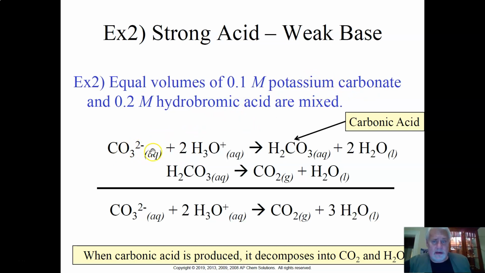So you just put the carbonate plus the hydrogen from the hydrobromic acid. So the Br is out of play. And then it makes H2CO3. Okay? And you remember whenever we're talking about carbonic acid, that will immediately decompose into CO2 and H2O.